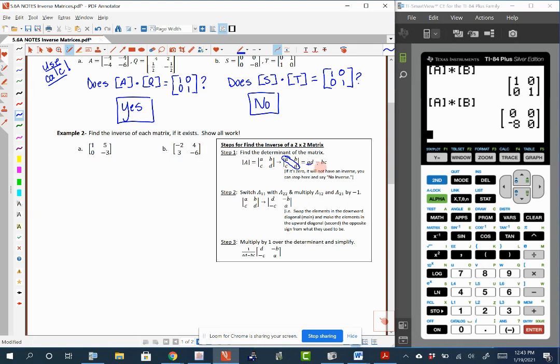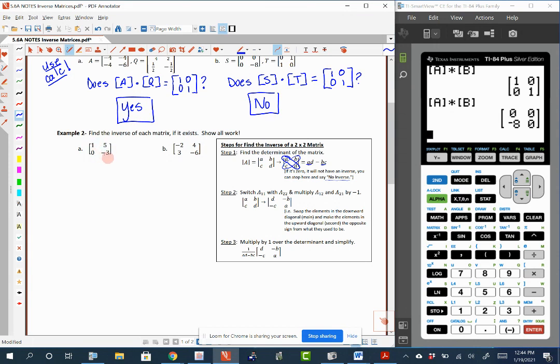And we always subtract the second diagonal, B times C. So we take that main diagonal minus the second diagonal. And as a reminder, as it says above, if it's 0 when we've done this multiplication then subtract, it will not have an inverse. So you can stop right here and just tell me there is no inverse. So let's go ahead and try matrix A.